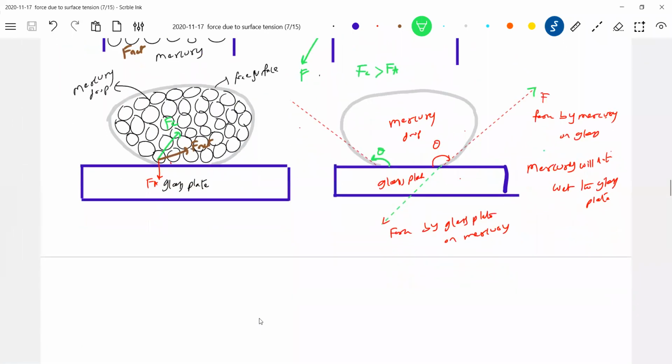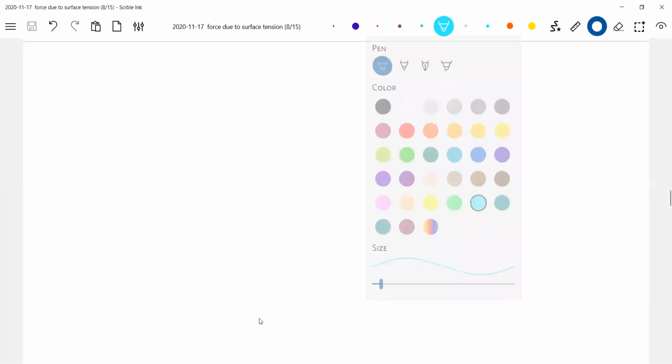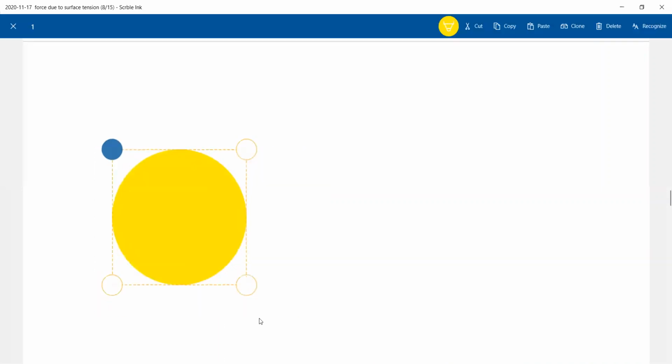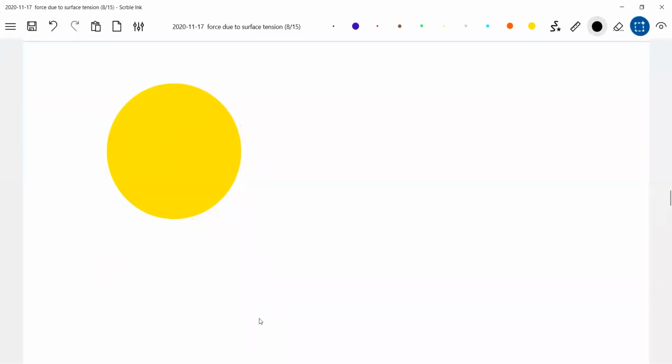Slowly, now the background we have covered. So now we'll get into some numericals related to this one. Suppose I have a wooden sphere.